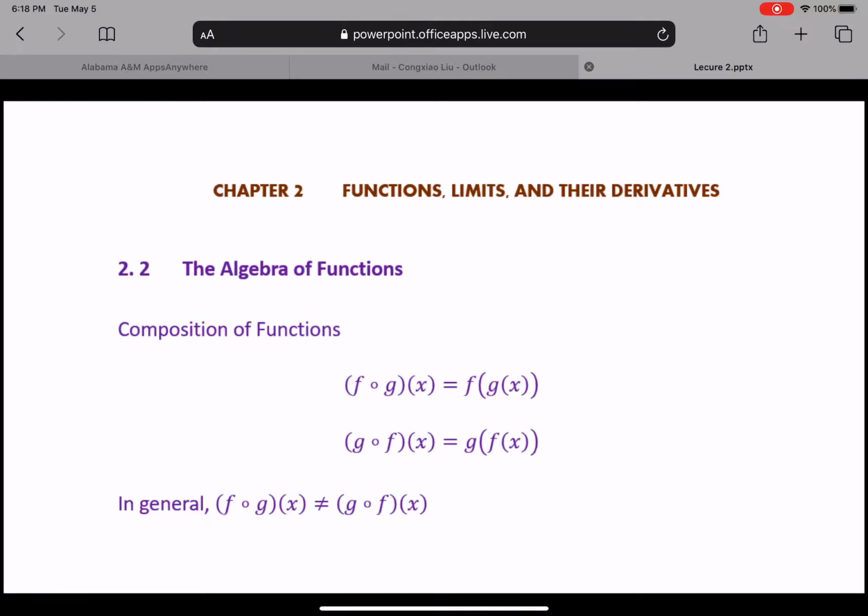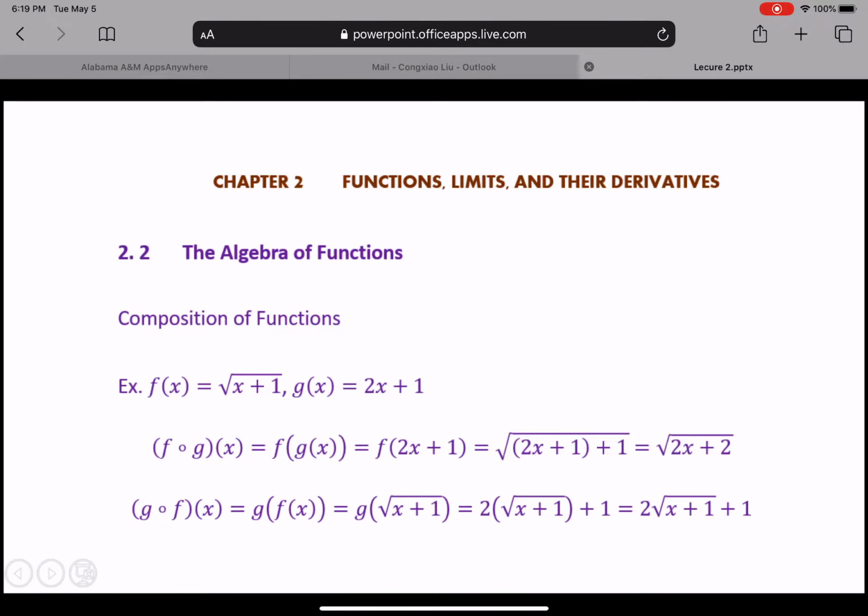So what you do is replace the variable in f by the function g. Similarly, we can define g compose f to be g of f of x. We get new functions in this way. If you switch the order of composition, they're not the same in general. So f compose g of x is not equal to g compose f of x.